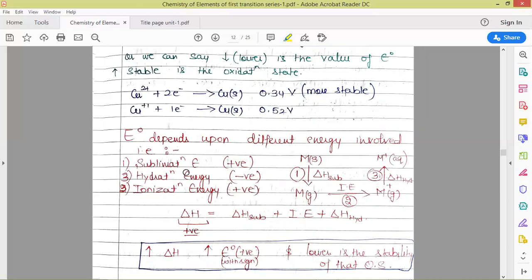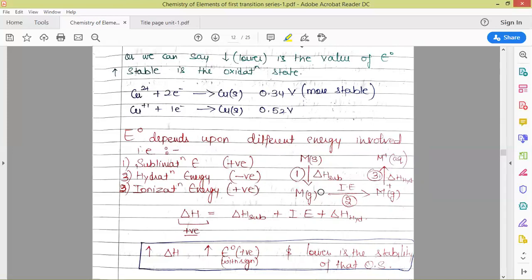Sublimation energy is also known as the energy of atomization for metals, that is when the metals are converted to atoms and then to the gaseous form. This sublimation energy, which is equal to the atomization energy for metals, is given a positive sign, that means it is the energy required.